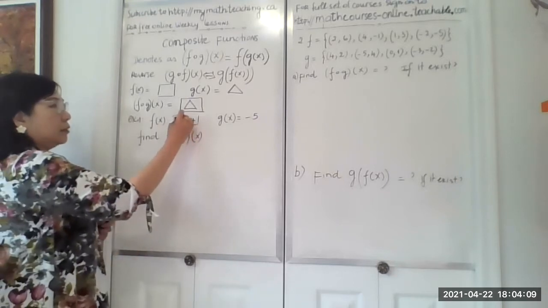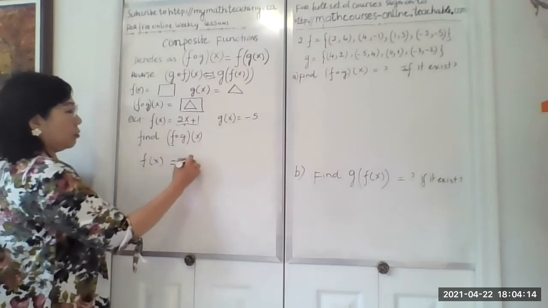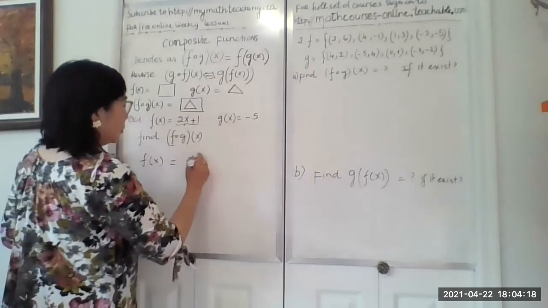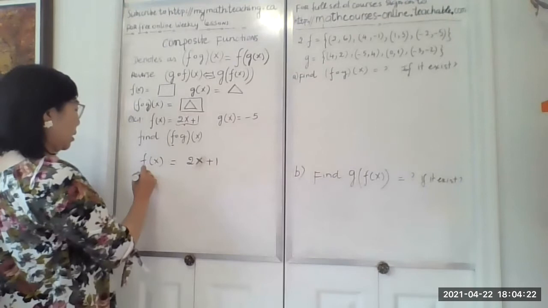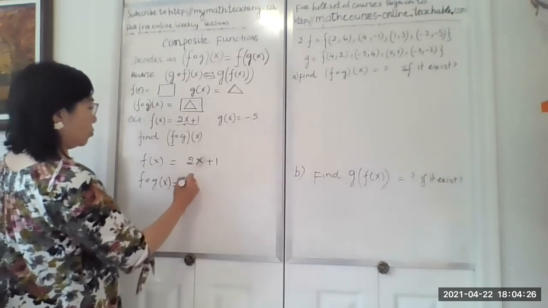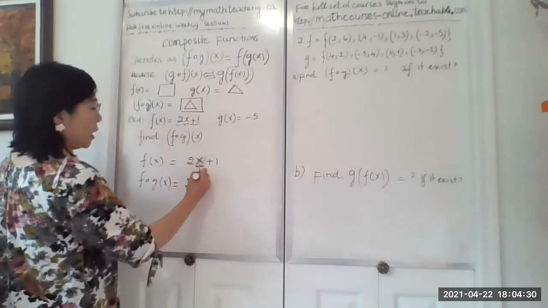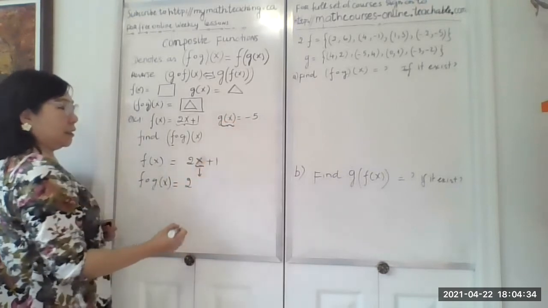But the x in here, let's say f of x equals 2x plus 1. So f of g of x will be equal to, and instead of x now, this x you will replace by the g of x.